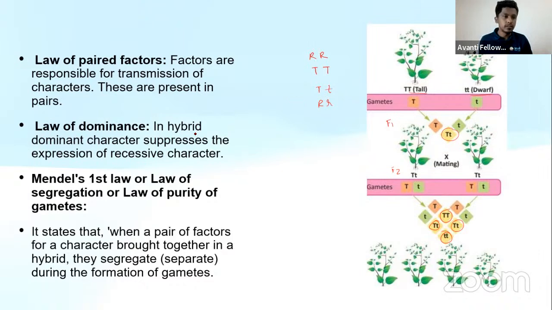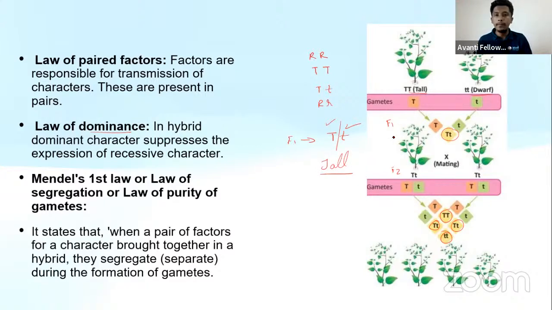Next is the law of dominance. What does the law of dominance say? In the F1 generation, we got capital T and small t. If you observe the alleles, both of them are dissimilar alleles: capital T is one type of allele and small t is another type. But in the F1 generation all of them were tall plants.